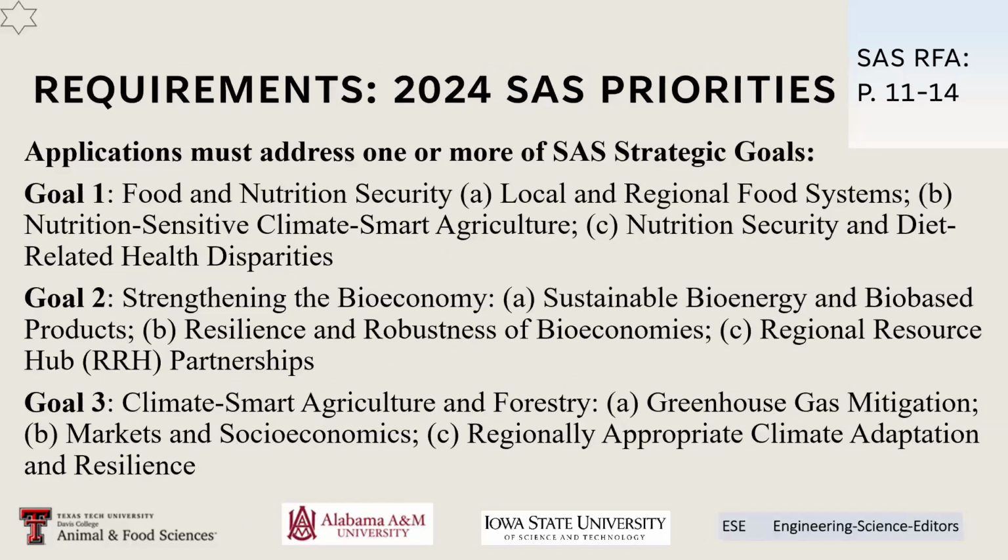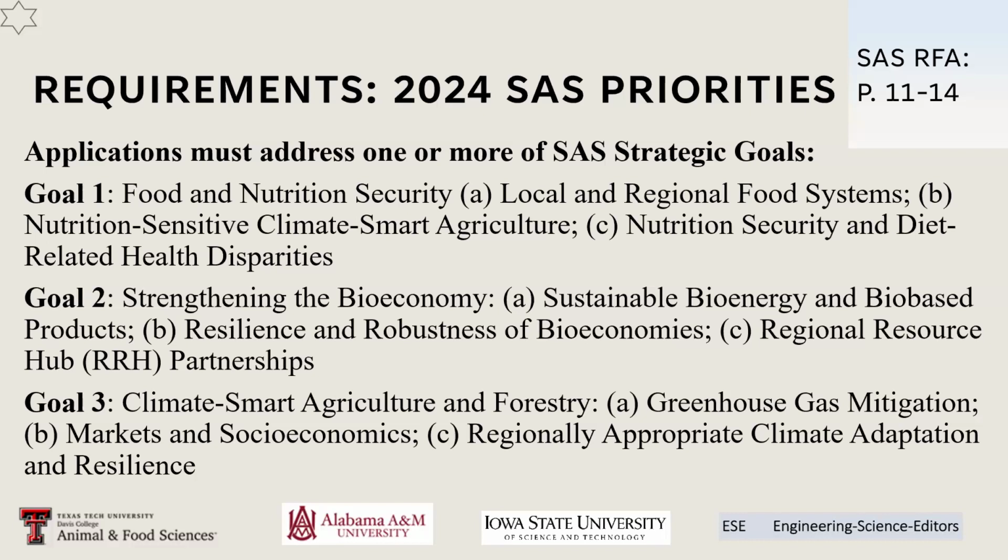The next thing we have to consider before we can start writing is our idea, the goal that we want to pursue here. Does that fit into the priorities of the USDA at this point in time? Why do I highlight this?